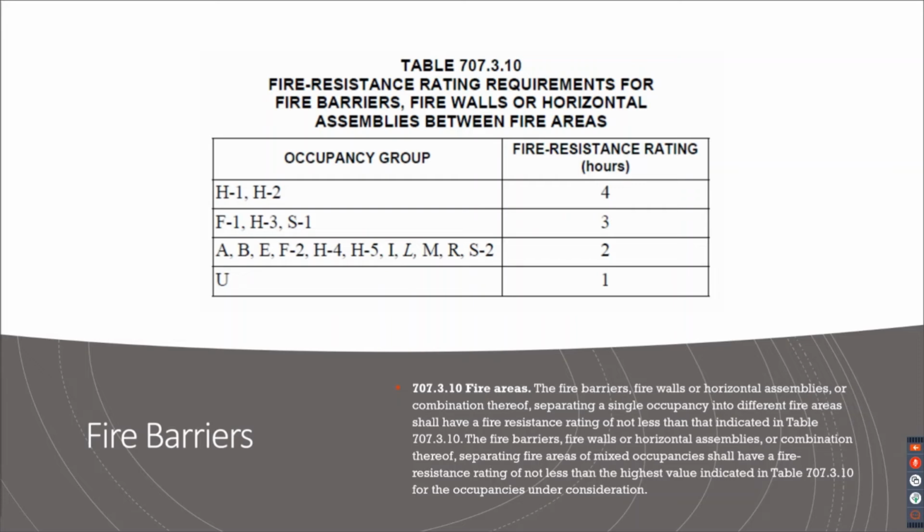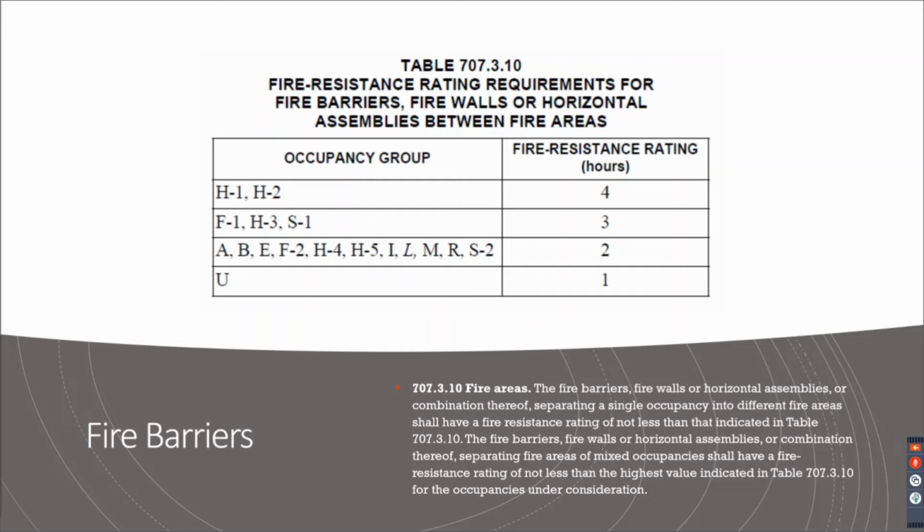So you're talking about firewalls here, I say you, but the code's talking about firewalls here too, but firewalls specifically for fire areas, in between fire areas. And then what's a fire area? 707.3.10, the fire barriers, fire walls, or horizontal assemblies, is not what it is, but it's telling what you need.